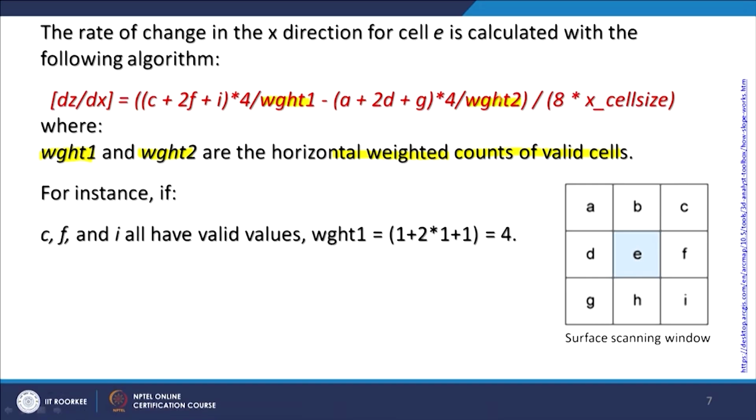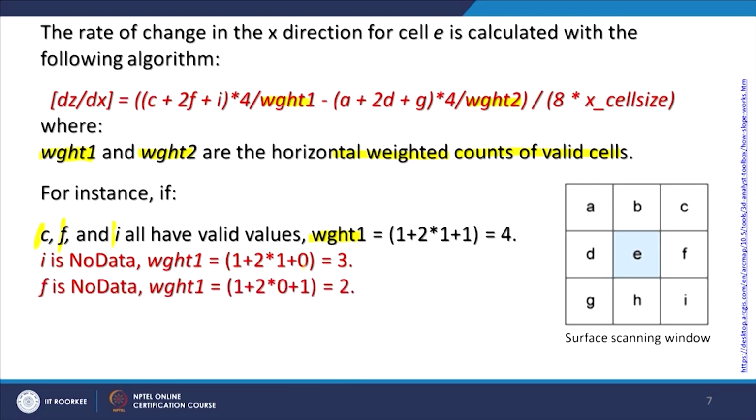So, for values in this kernel, if C, F and I all have valid values, they will have weight 1, and that is like this. If I is no data, then it will have something like this. The 0 is also there.